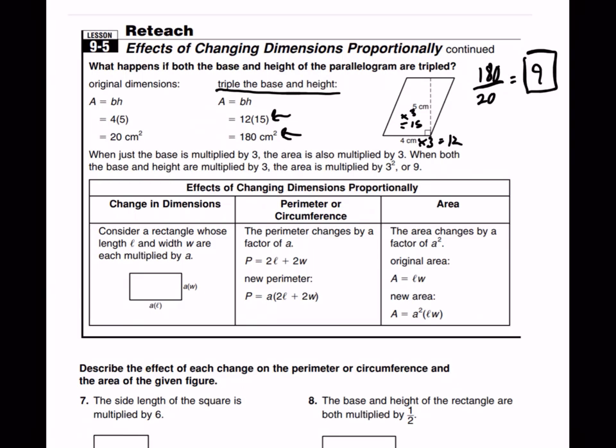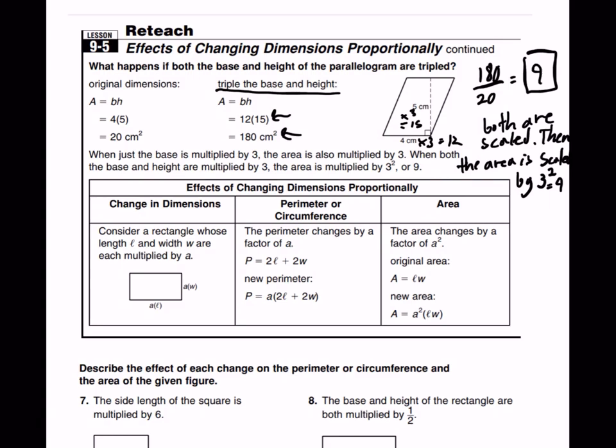And so if both are scaled, then the area is scaled by the number, in this case 3, squared, which gives me that 9. We're going to read about that down here in just a second.